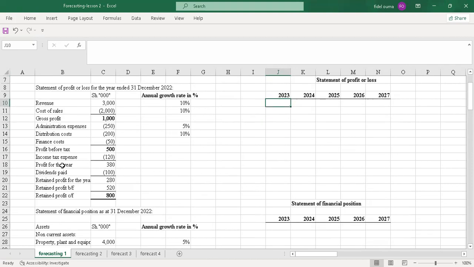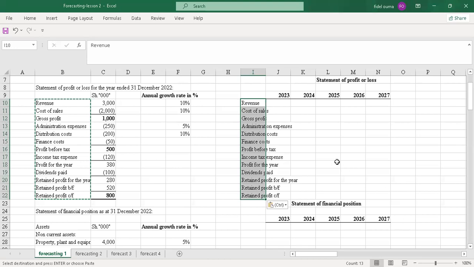Let me just copy. So copy, just Control, then C. Then you come here, Control V to paste. Yeah. So once you paste, the whole information will appear there.